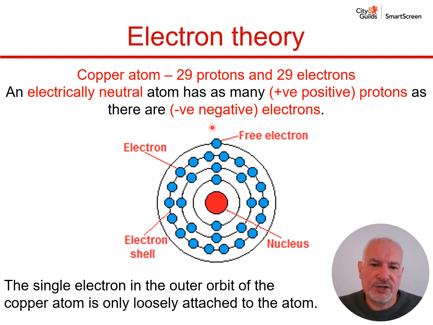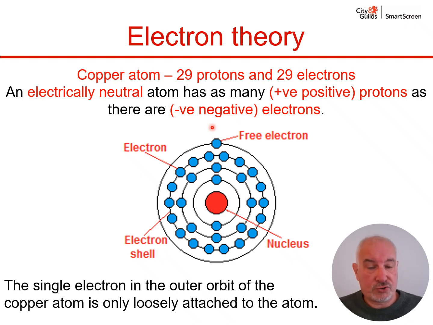And the reason it's free is this, that all of the electrons are held to the atom, they're held towards the core by certain forces. Now, one of those important forces is the attraction of electrical charge. So negatively charged particles are attracted to positively charged particles.